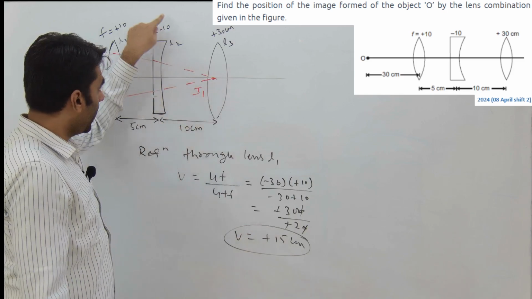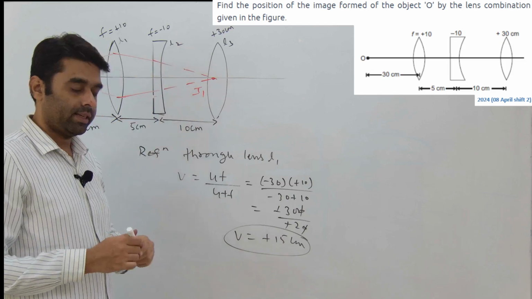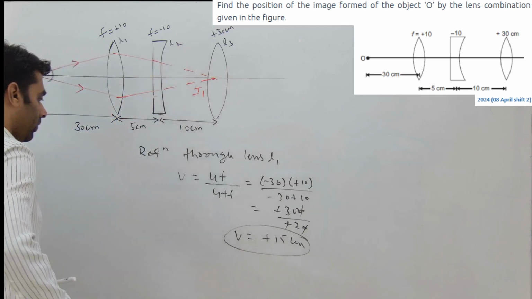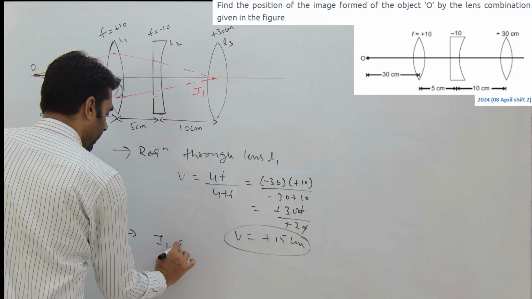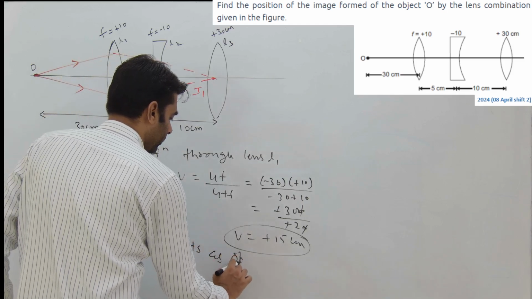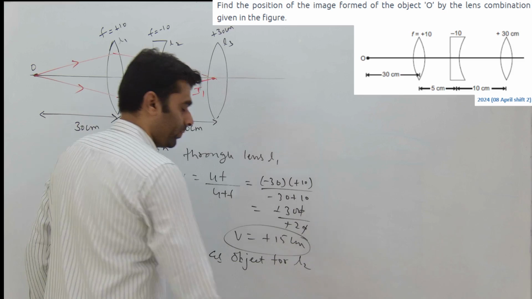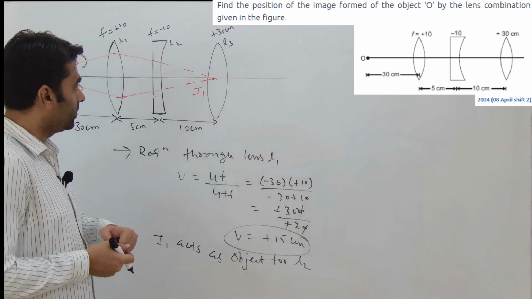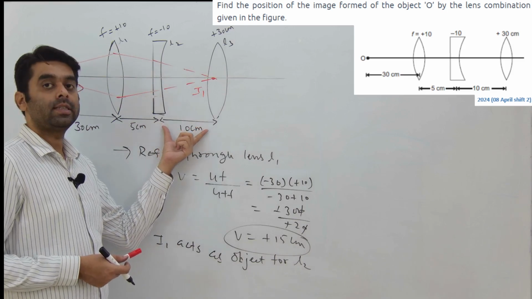This I1 will act as an object for your second lens. So let us write it down. I1 acts as object for lens 2. What will be the object distance? It's a virtual object, obviously, and the object distance is 10 centimeter.